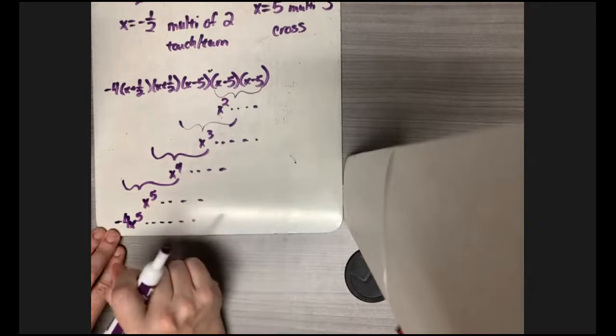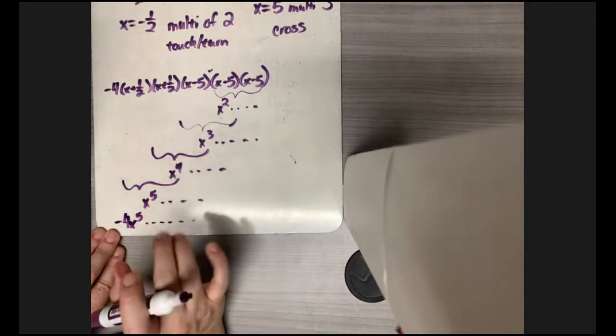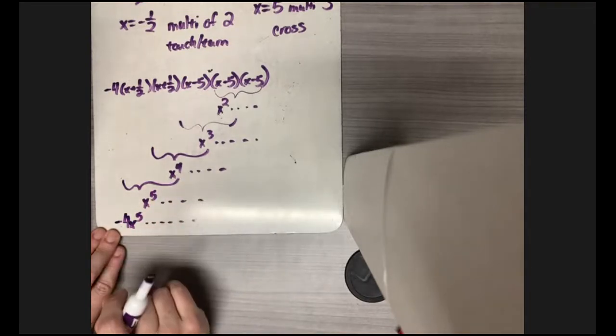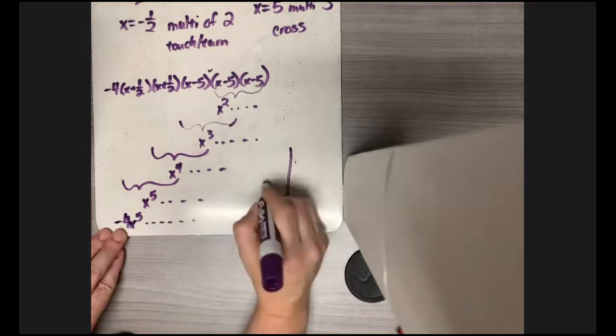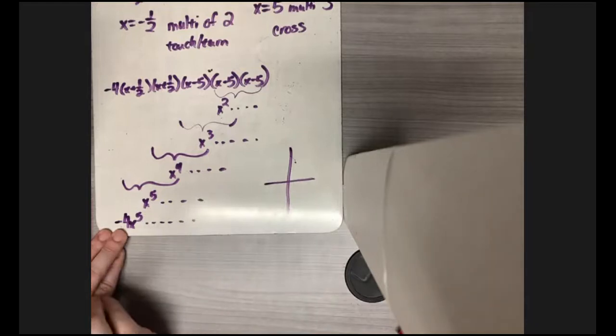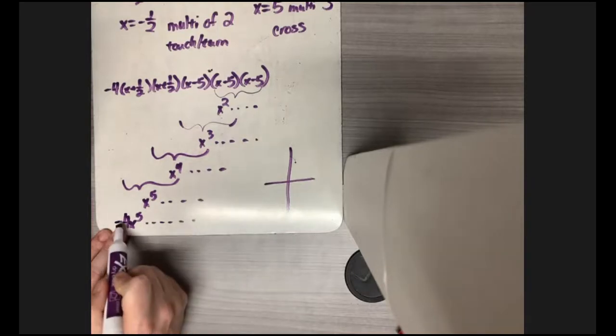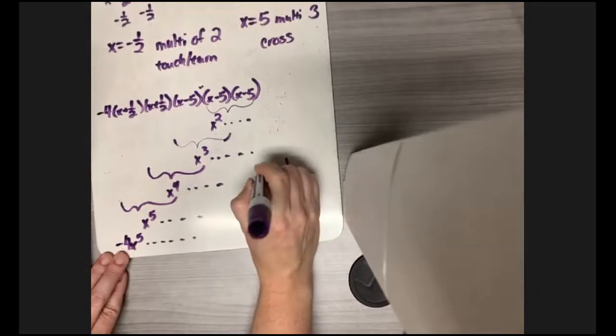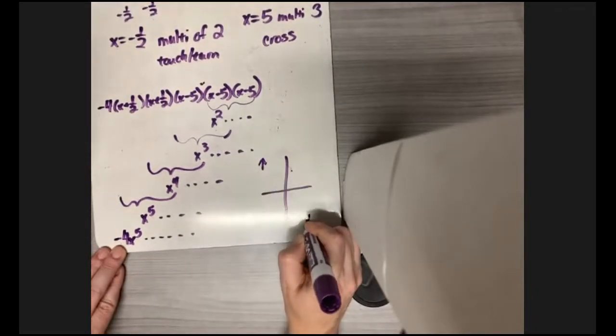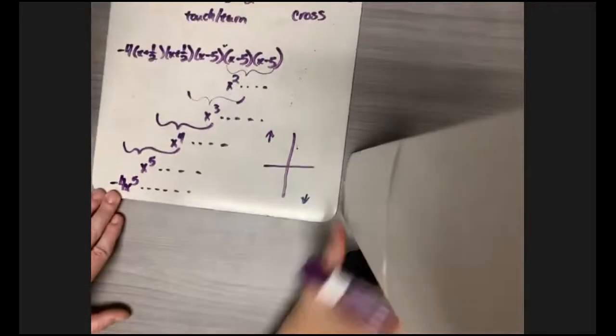So not as easy for us to get our end behavior as the other one, but we can still discover it. So with this being an x to the 5th, that's an odd power, so it's still going to act like a line. It's negative out front, so it's going to be down a hill. So this is now going to be up on this end, down on this end.